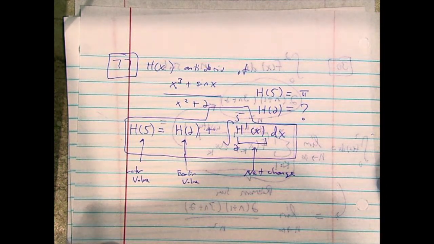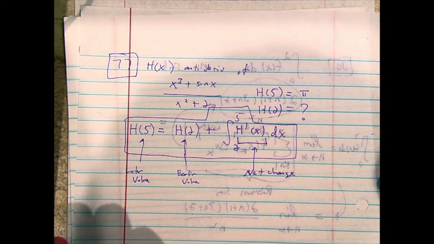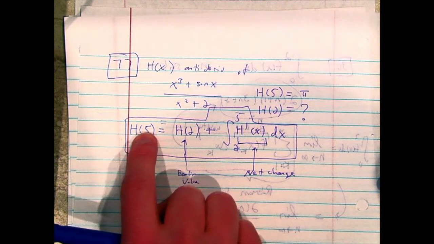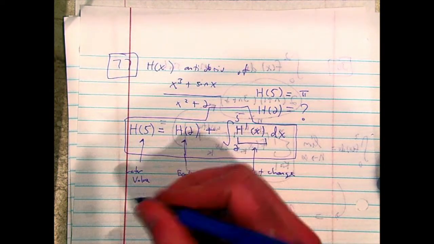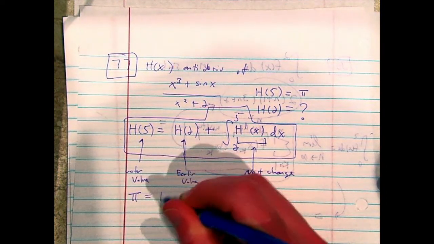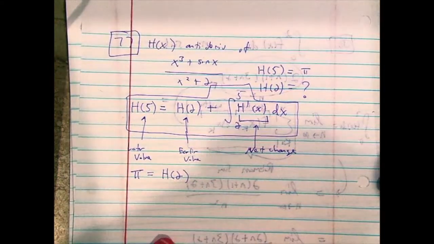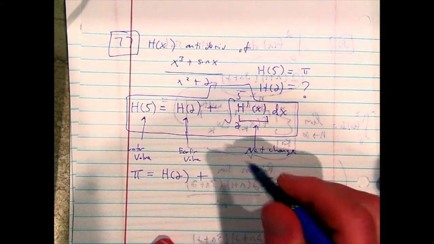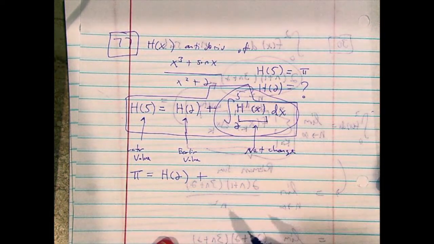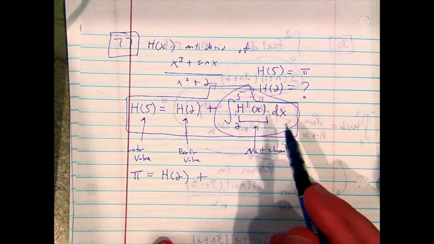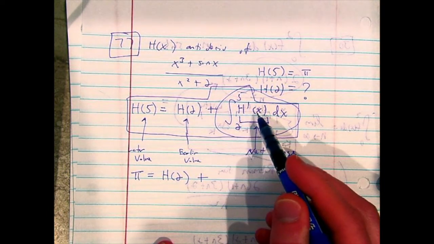Now, some of this information we already know. We know that h of 5 is pi. So pi is equal to h of 2, which is the thing we're trying to find, plus this expression here. We can compute it using our calculator because h prime is the derivative of h.